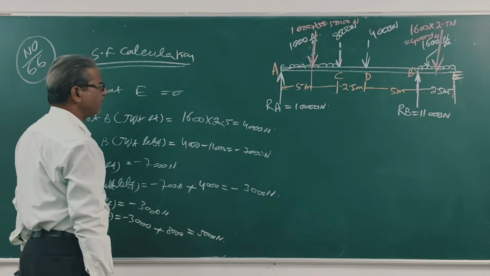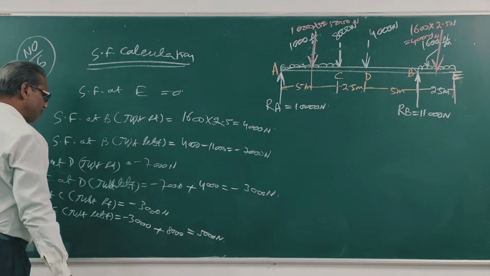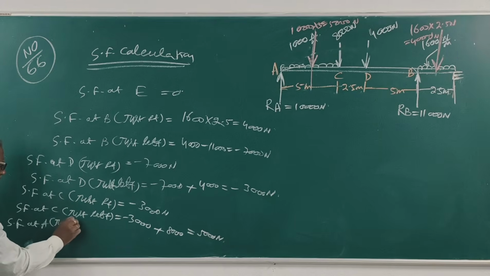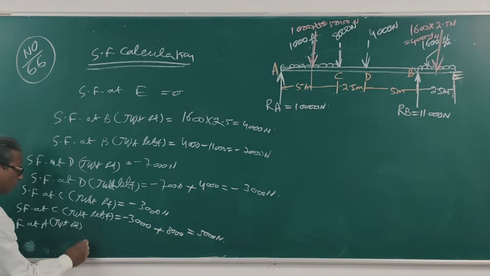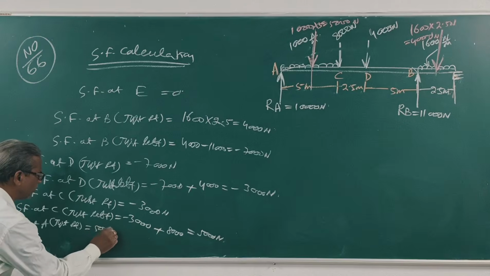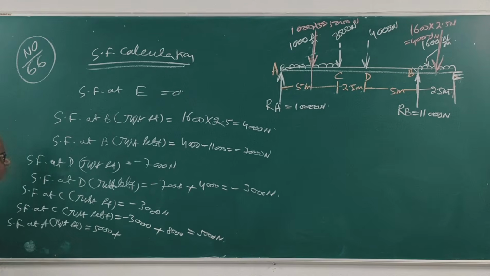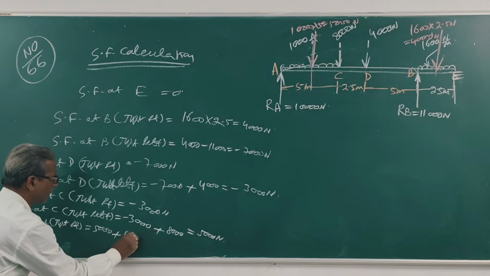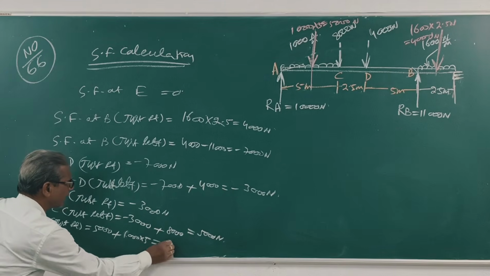C left, A right. Shear force at A just right: 5,000 plus 5,000, that is 10,000 Newton.